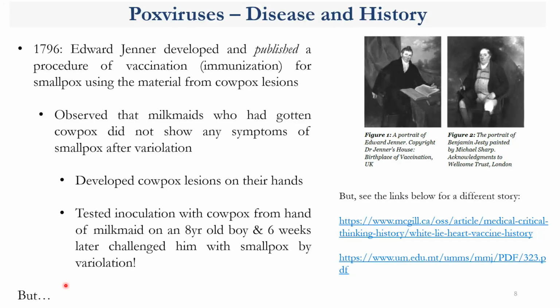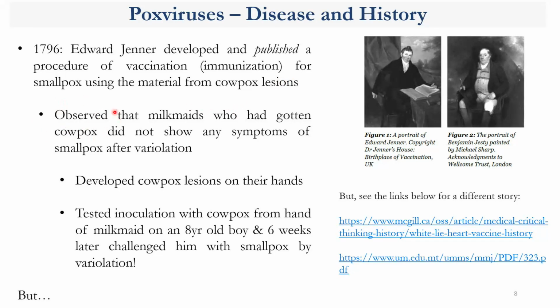But in the late 1700s, Edward Jenner developed a technique for vaccination or immunization, and he was the first to publish that procedure. And in this case, what they did was they took material from a cowpox lesion, which comes from a related virus, and they infected the individuals with those lesions.